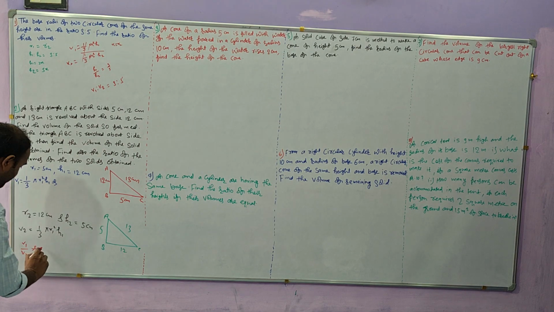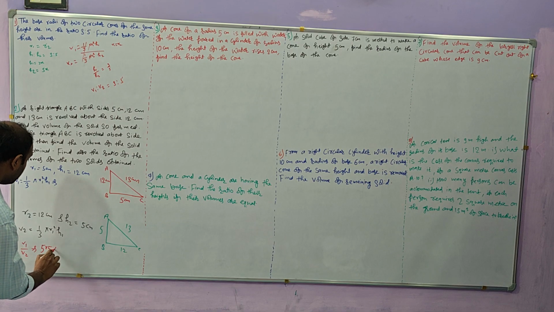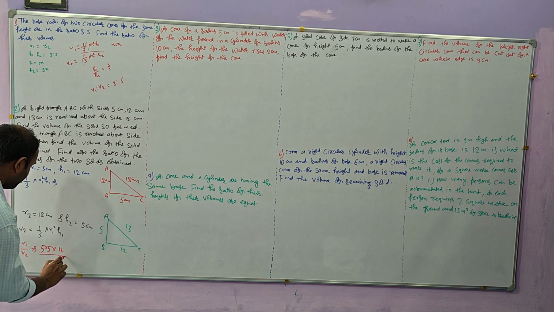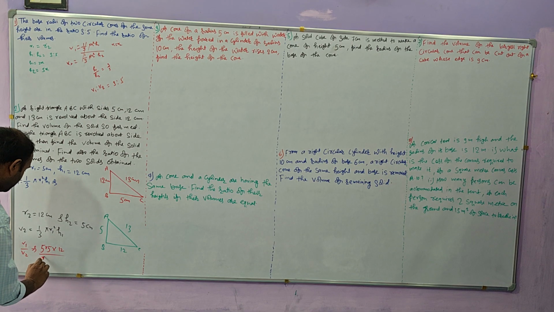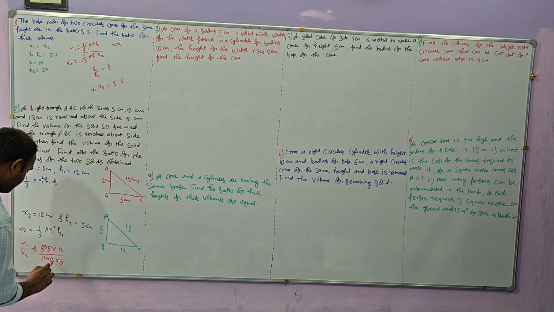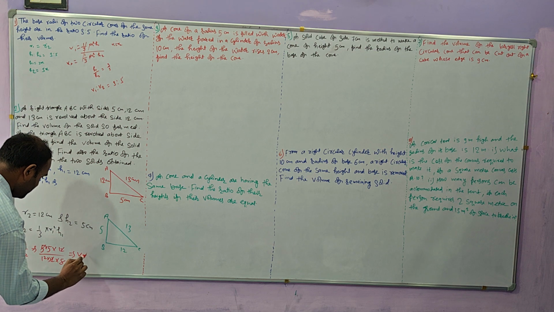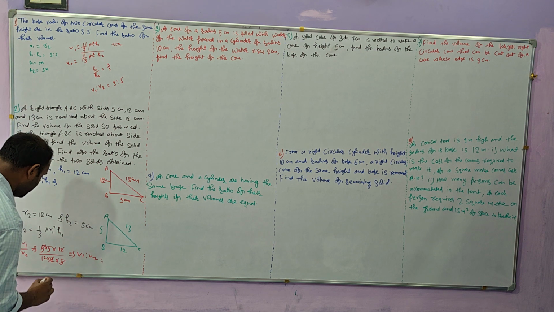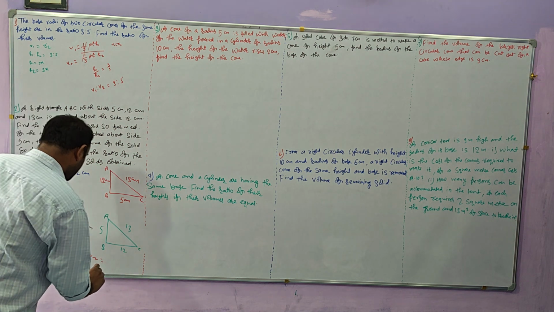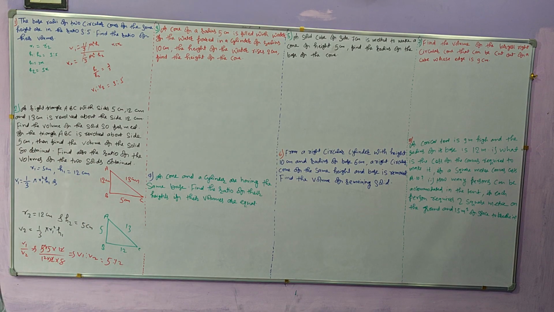So we get 5 square into 12 and 12 square into 5, 5 cancel. So V1 is to V2 is equal to 5 is to 12.